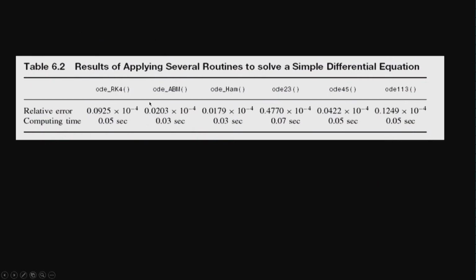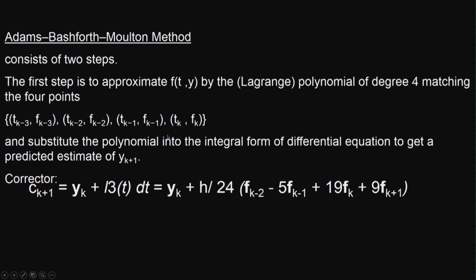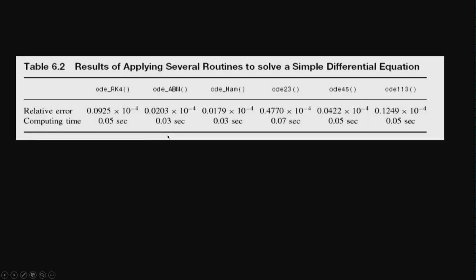So there are so many different methods. We will not go, as I said, into this Adams-Bashforth method. As you can see, Runge-Kutta method, Adams-Bashforth, Heun's method, these are methods used in MATLAB, different types of methods. The computational time you can see 0.05 seconds, 0.03 seconds, 0.03 seconds and so on.